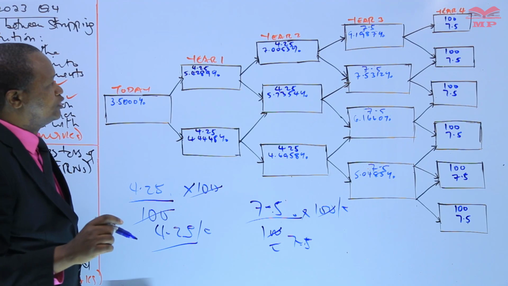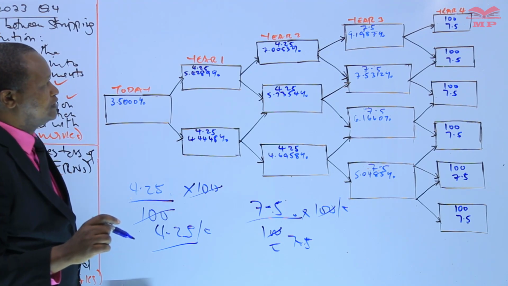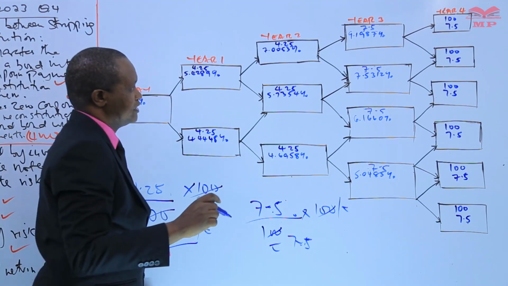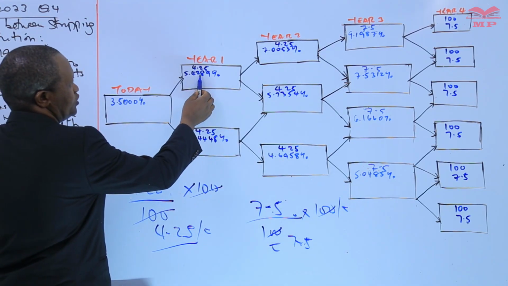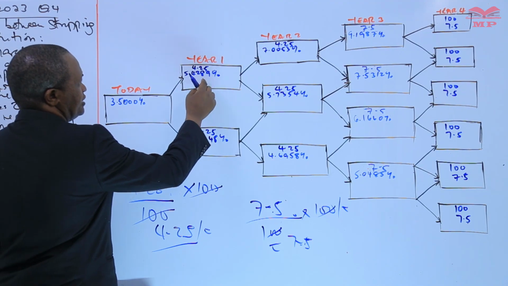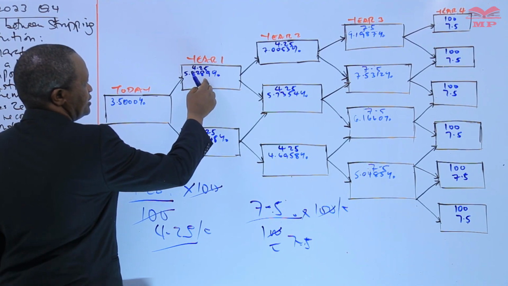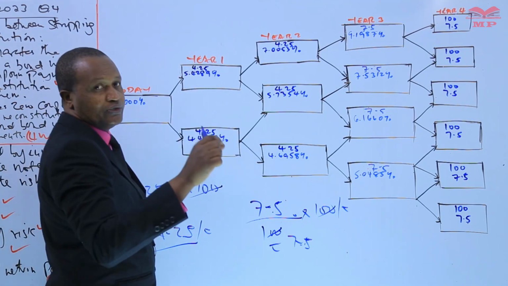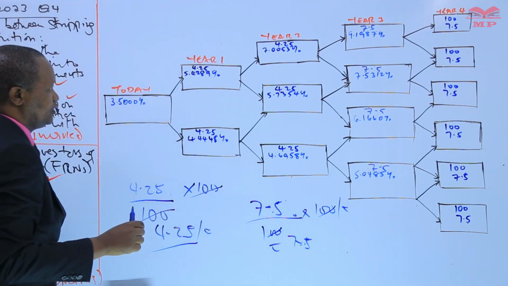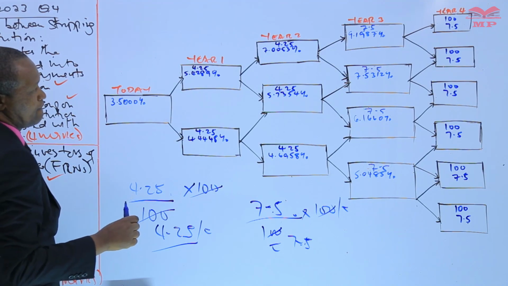Then within this binomial tree, we have the percentages. These percentages, the 5.42899. This is what we'll use as a discounting factor when calculating the value of the bond.